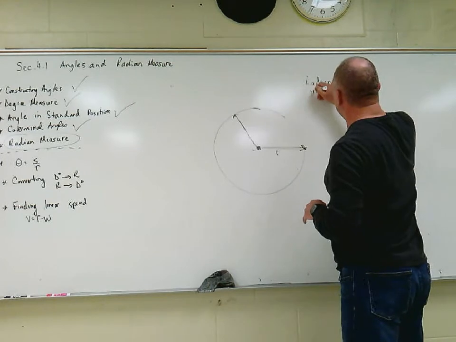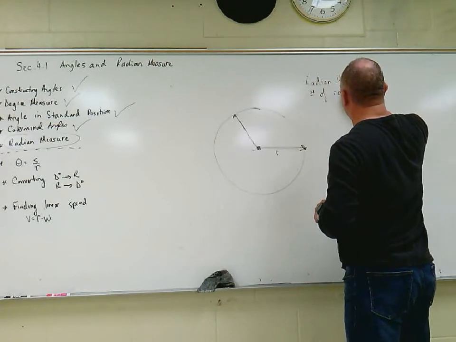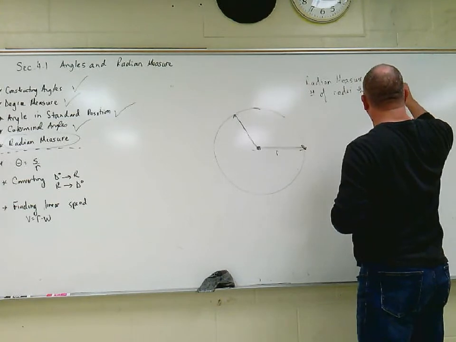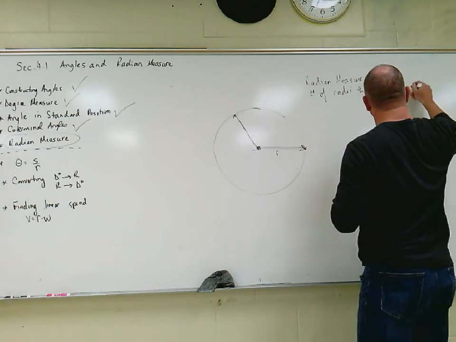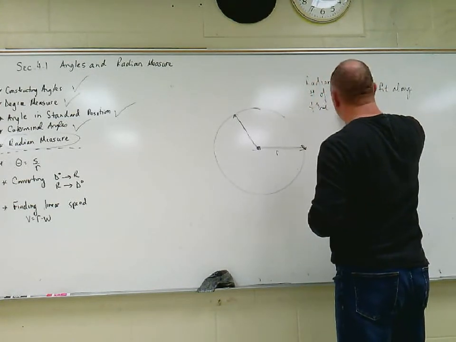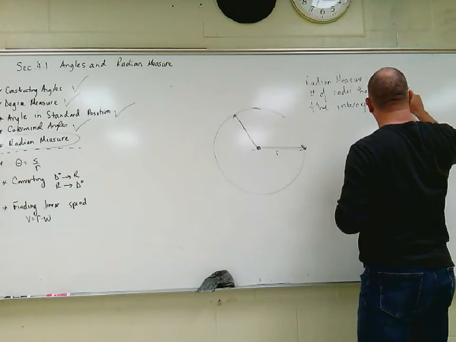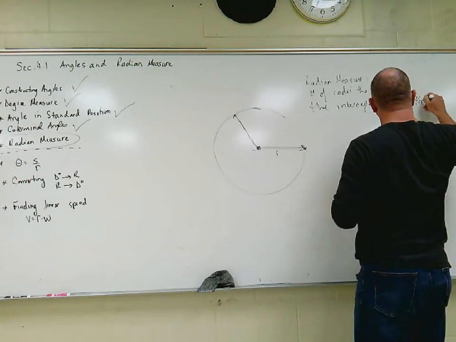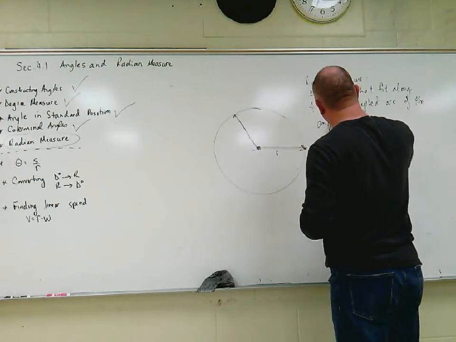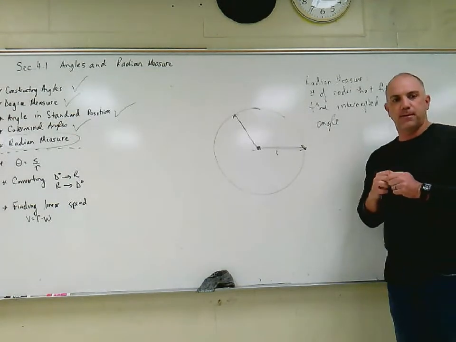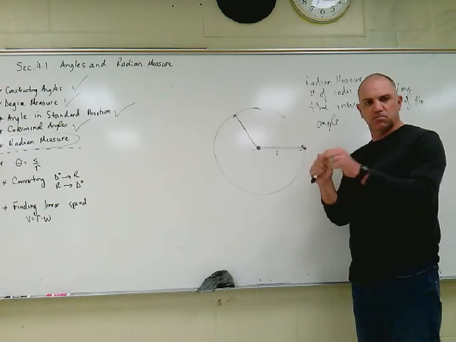It's the number of radii that fit along the intercepted arc of the angle. The way I like to describe this is, think of your radius as those pipe cleaners.